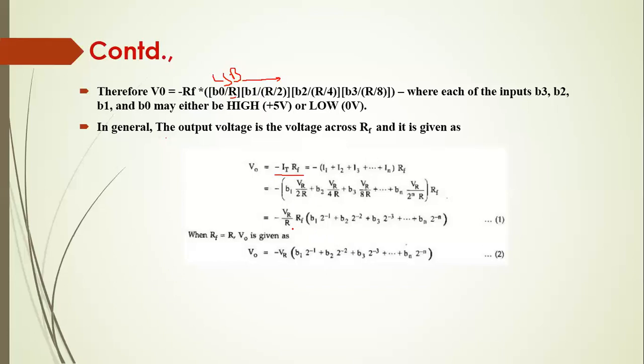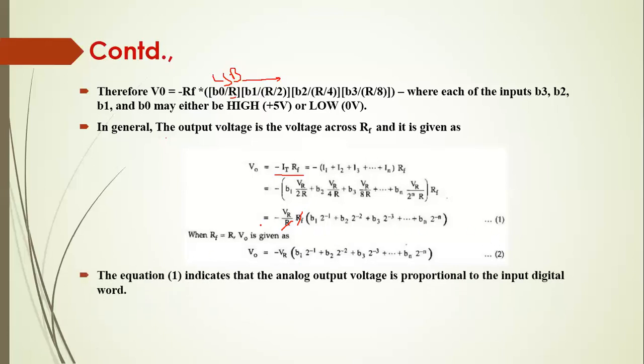Now, RF is the feedback resistance whereas R is the circuit resistance. If these both are made equal, then R and RF will get cancelled. So directly you will be getting minus VR into this bit combination. This is how we are going to find the output voltage manually.